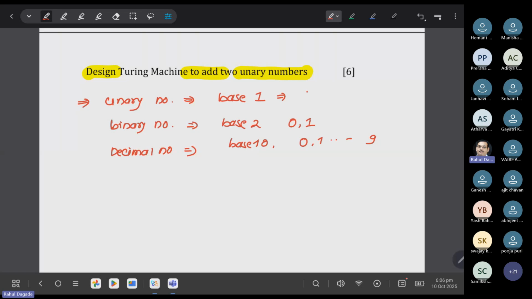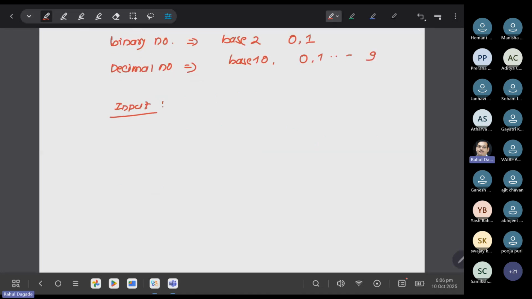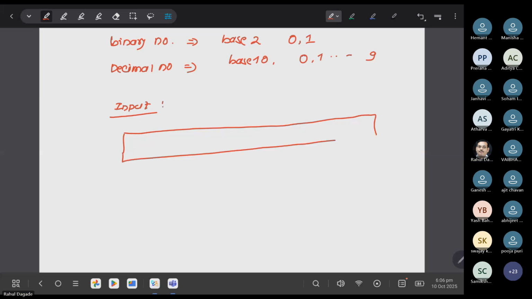So let us have an input. What will be the input? The input is the first unary number. This is a tape. Now you have the first unary number, let's say it starts with blank, 1 1 1.